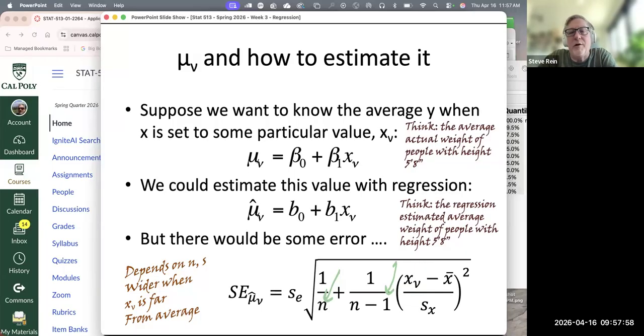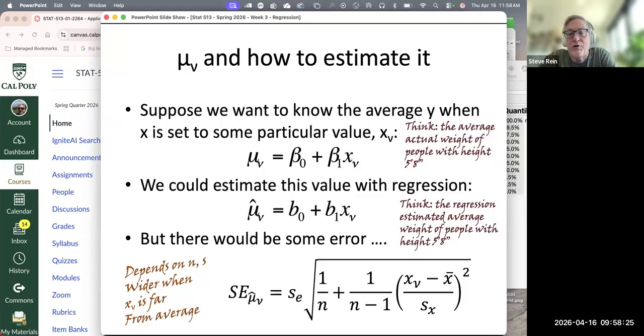So n's always within a root, and it's always in the denominator. So the larger the sample size is, the more skyscrapers we have in our data set, the more precisely we know the average value of height of any given skyscrapers based on the number of floors. Okay, so we get more precision for the average y for a given x if n goes up.